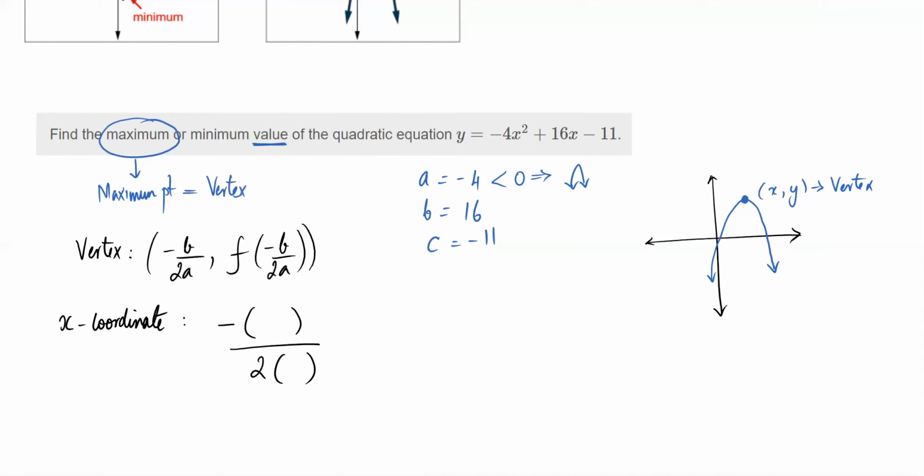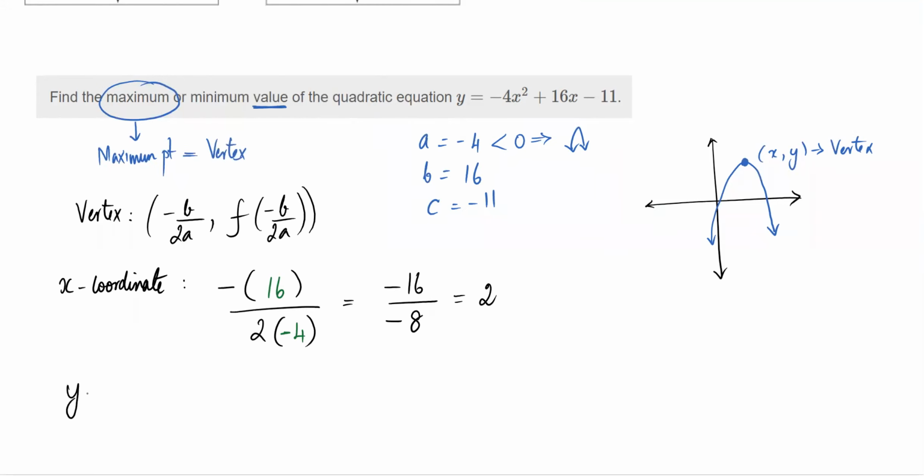I will draw b and a from the list here. So b is 16, that goes up there. A is -4. Okay. So that's -16 over 2 times -4. 2 times 4 is 8. Negative over negative is positive. 16 over 8 is 2. So your x coordinate is 2.